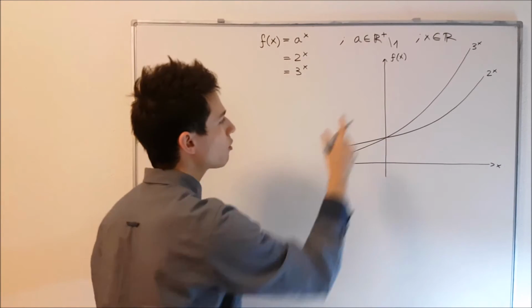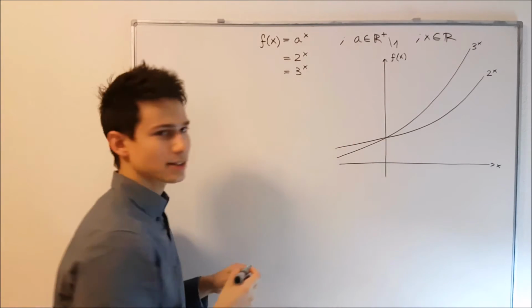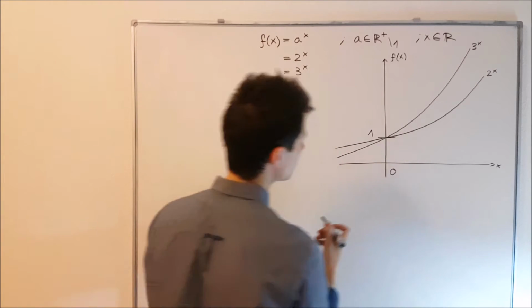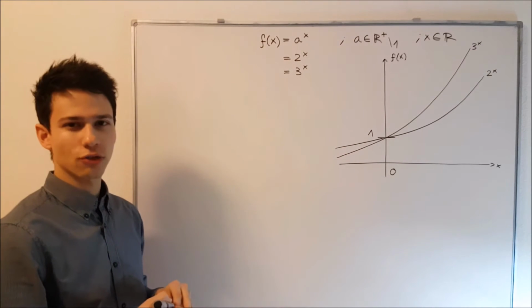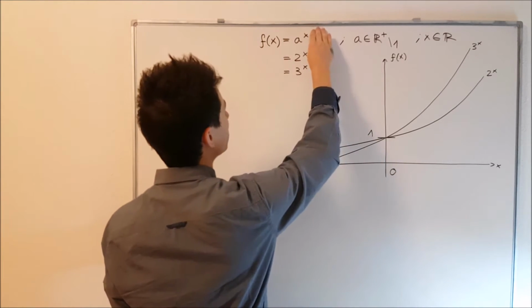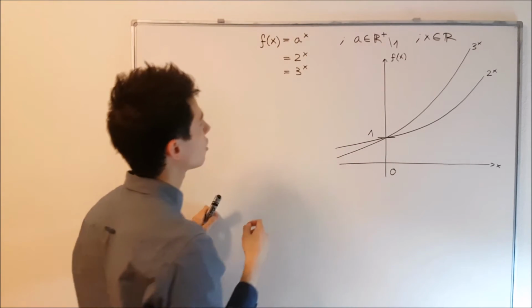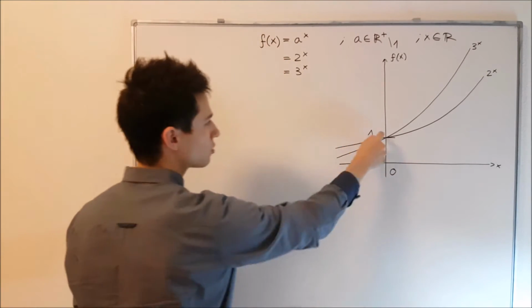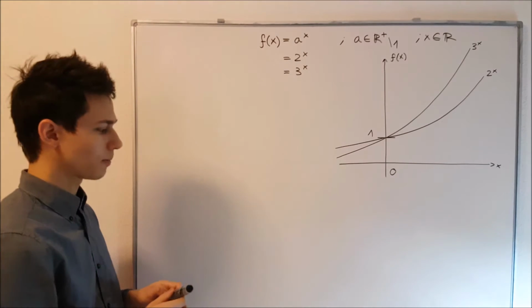And you can see that both functions cross the y-axis at the value 1. And this is a universal condition for all exponential functions, because if you set the value 0 as an exponent, then a to the power 0 will just equal 1. So all exponential functions cross the y-axis at the value 1.